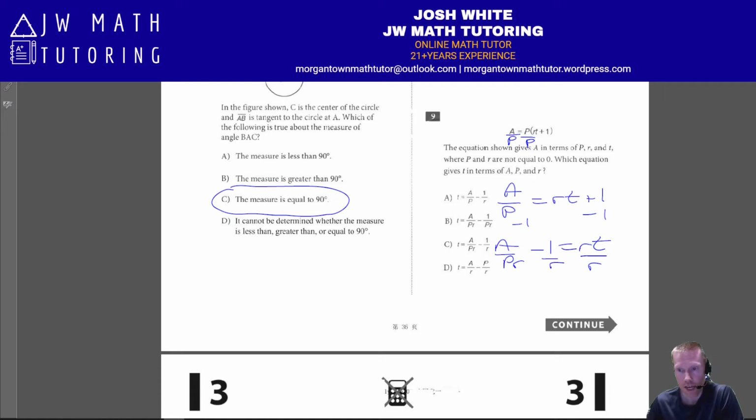All right, so now when we look at the answer choices, we first notice we have a minus 1 over r as one of the terms. So we can get rid of this. It doesn't have a 1 over r term. We can get rid of this. That doesn't have a 1 over r term. So now we're down to A and C. Obviously, it's going to be C because we need a divided by p times r. So the correct answer for this problem is going to be letter C.